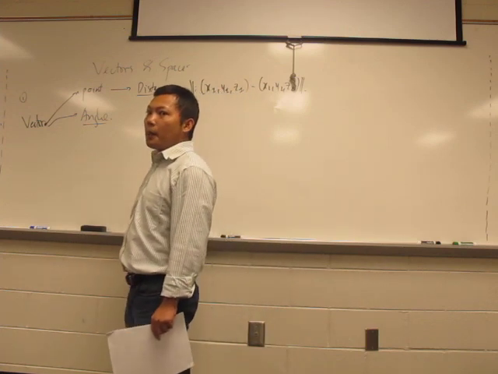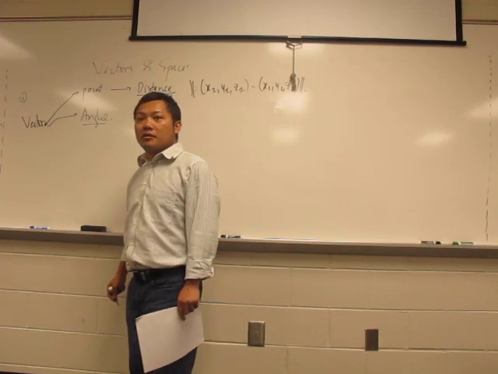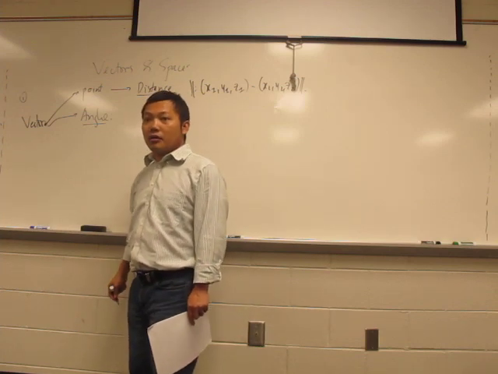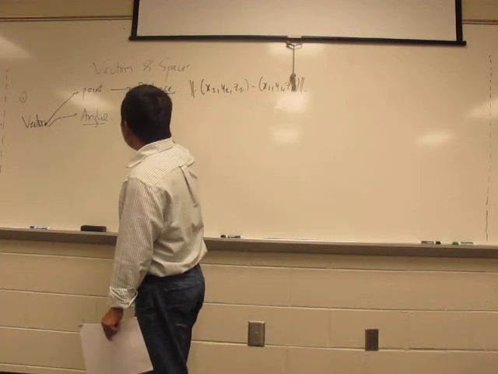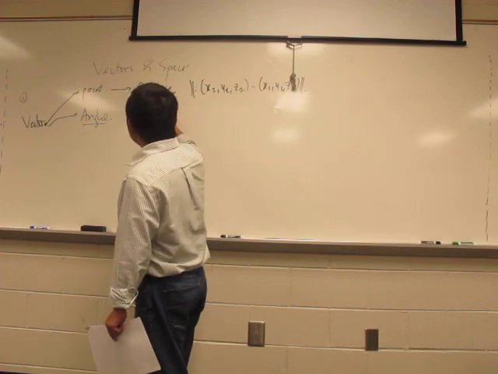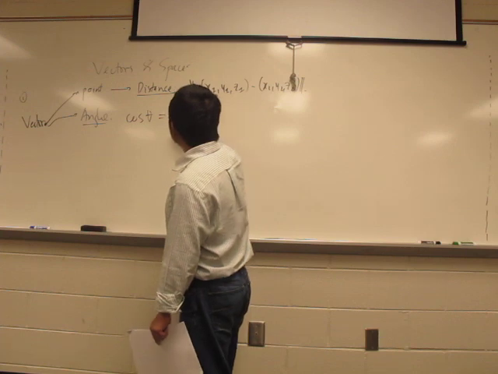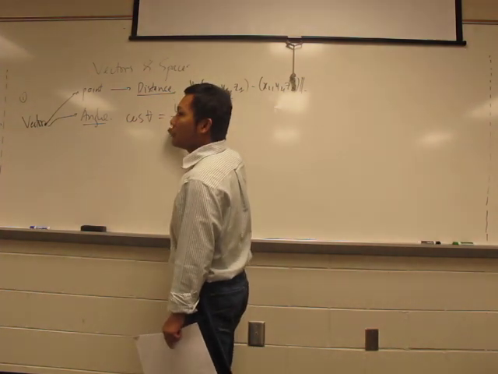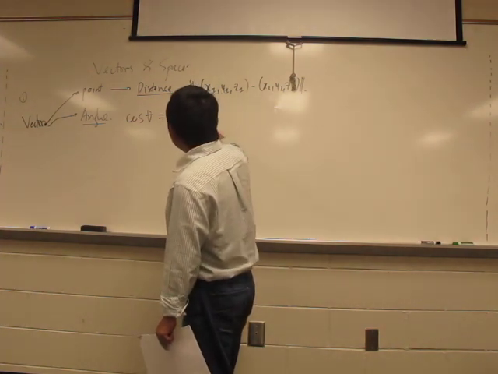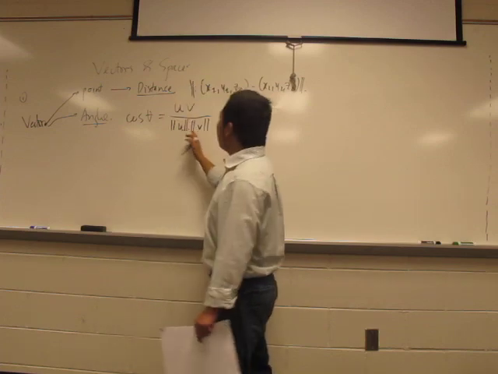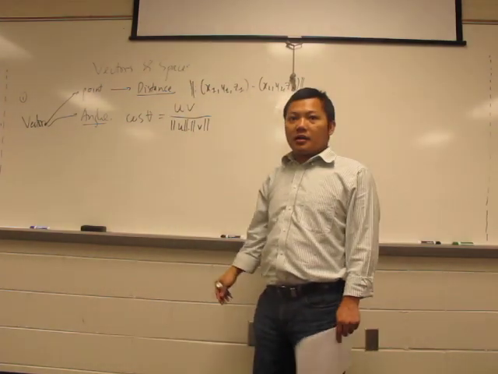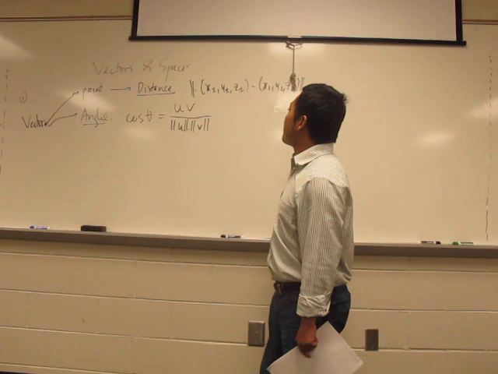So we have the cosine law, right? So I have cosine of theta, the angle between two vectors, is equal to u dot v divided by the norm of u times the norm of v, right? Where u and v, we know, are in Euclidean space.